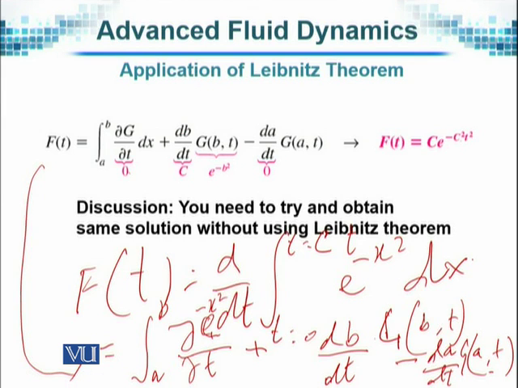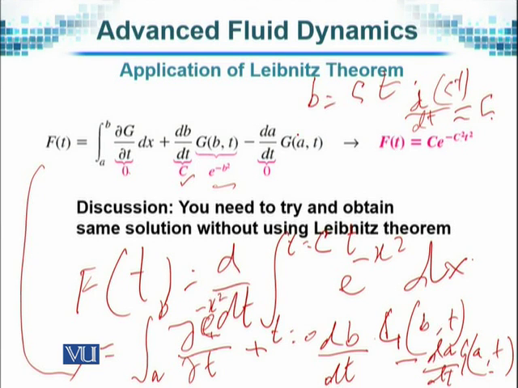Since b is equal to c into t, db by dt is equal to only c. And therefore, you have here c into e to the power minus b square.